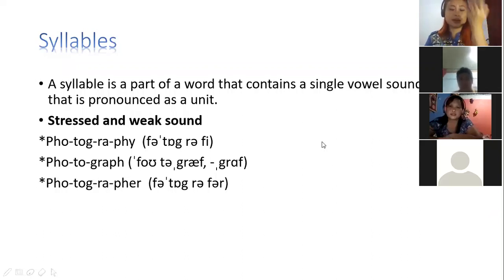Okay, you can try. Let's start from Alejandro. Photography. Not the P sound, but the F sound. Try again. Photography.